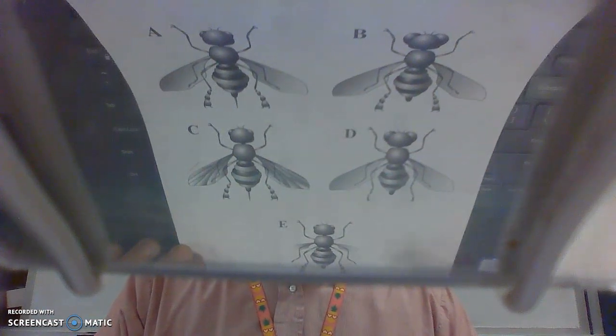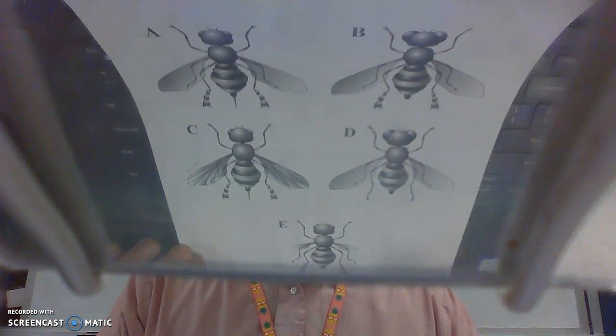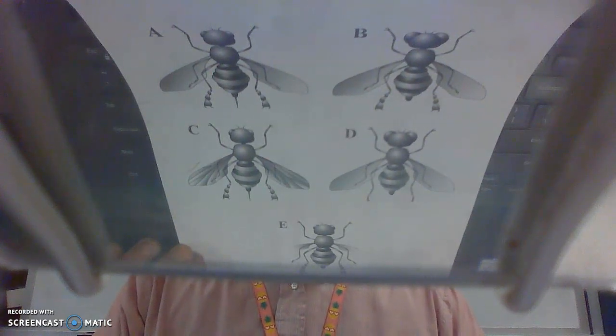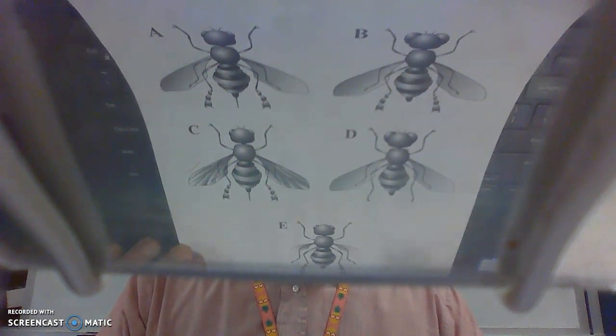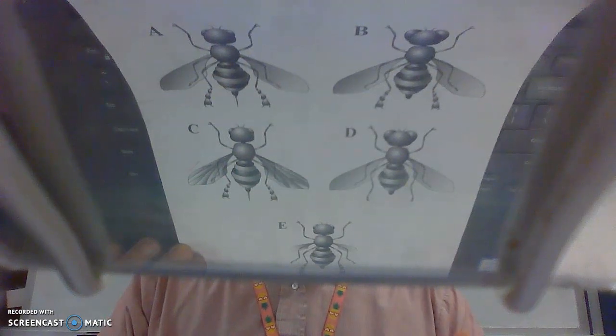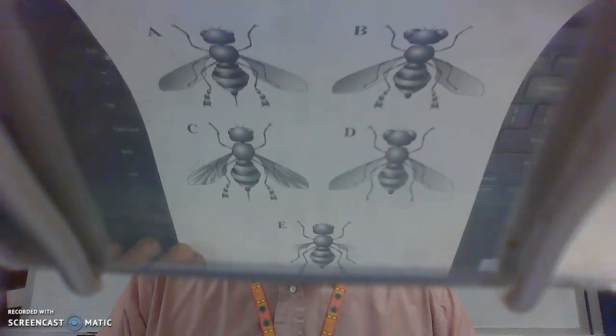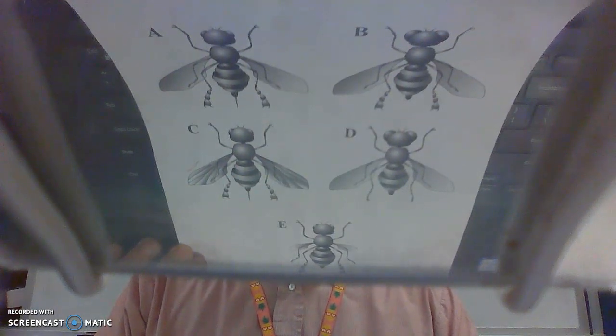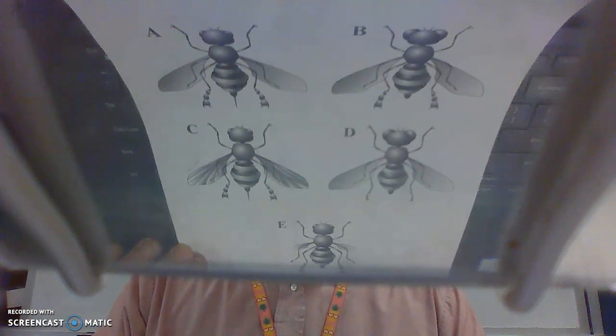You'll notice that they all have 6 legs and they all have wings, but then there are some other subtle differences in them. Your job is to predict how they're related, and then look at each property one at a time, and build a cladogram or a phylogenetic tree one property at a time based on what you see in their image.